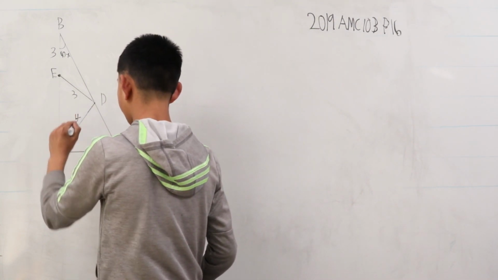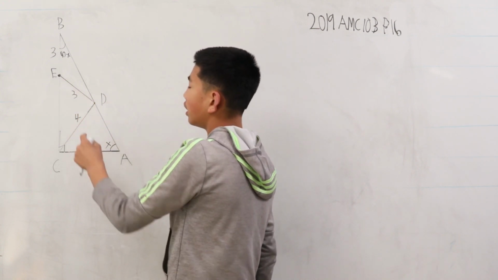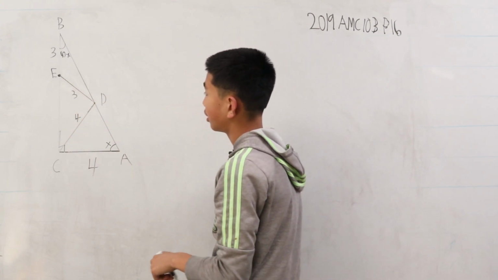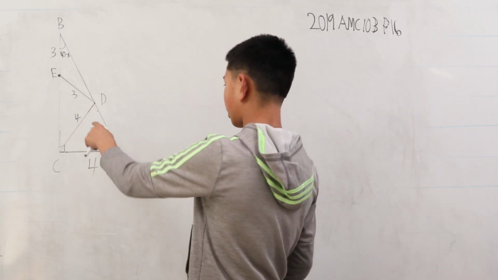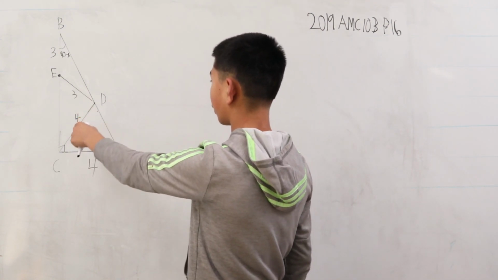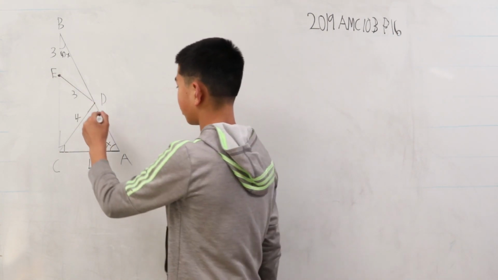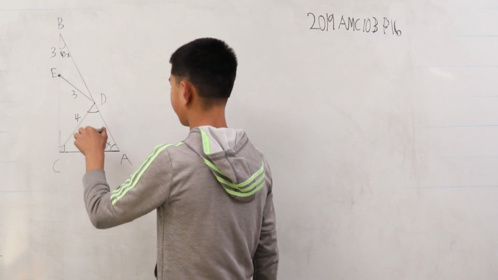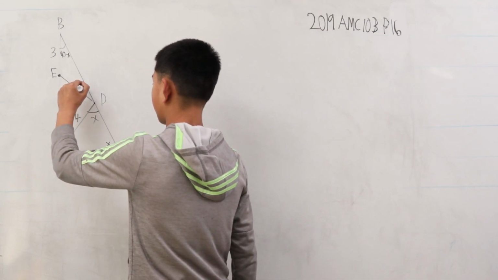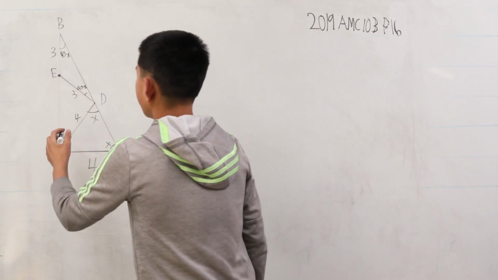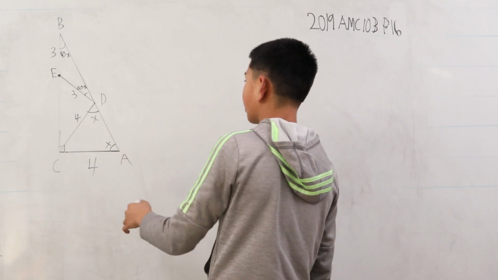This is 4 here. Now my suspicions are really getting high, because 3, 4. If it's a right angle, it's a 3, 4, 5 triangle. Since there's a 4 and 4 here, and a 3 and 3 here, these are isosceles triangles, so this angle must be congruent to this angle. This is X, and this is 90 minus X. When we sum these two angles up, we get 180 minus 2x.